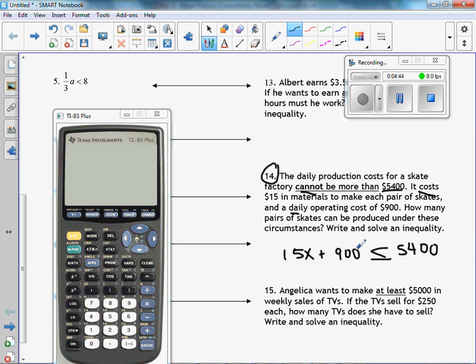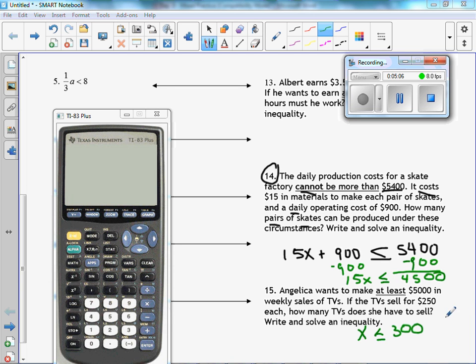Now, what is it asking? How many pairs of skates can be produced under these circumstances? Write and solve the inequality. As I read it, I've written it, so it's done. So why don't you solve it and see if we come up with the same thing?